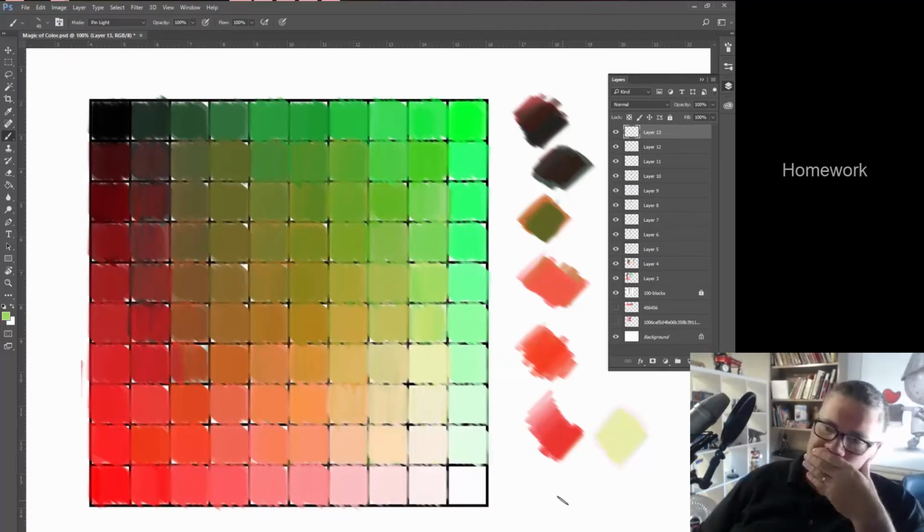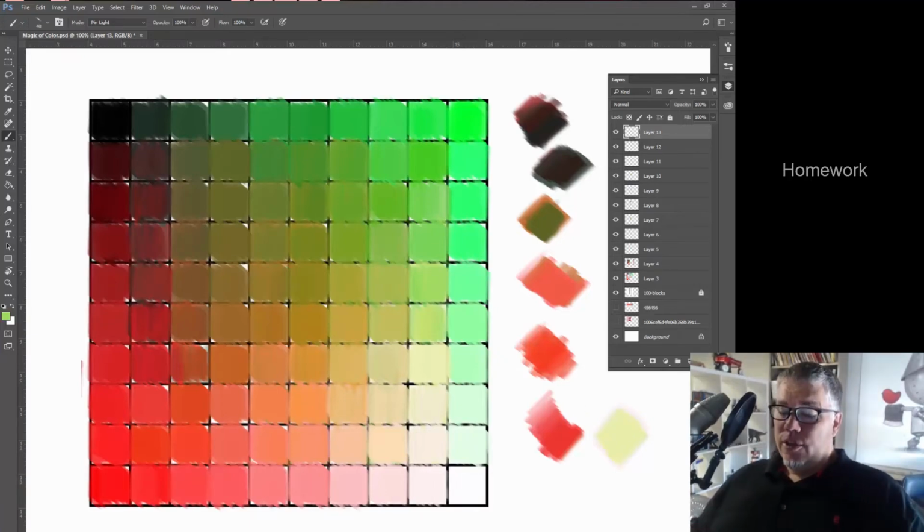Okay, so there you go. There's the finished grid, and that should give you an idea of how to do this.